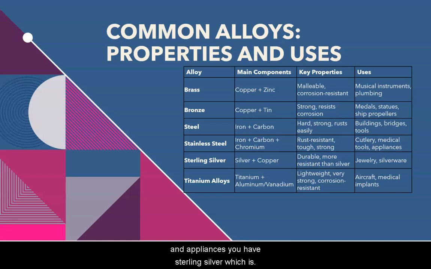You have sterling silver, which is copper and silver, and it's more durable and resistant than regular silver, and it's used in your jewelry and your silverware. And then you finally have titanium alloys, which is titanium mixed with either aluminum or vanadium. It's lightweight, very strong, and very corrosion resistant. It's used in a lot of aircraft and your medical implants like your knee and hip joints.